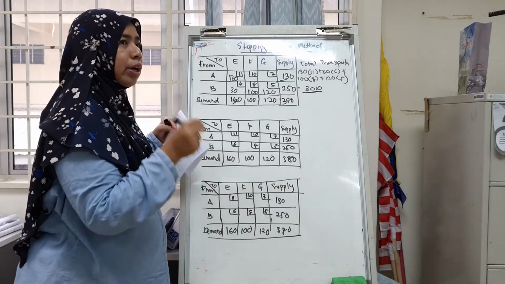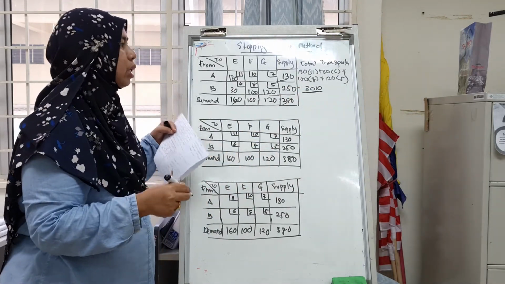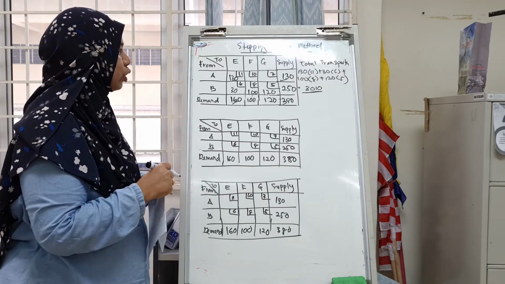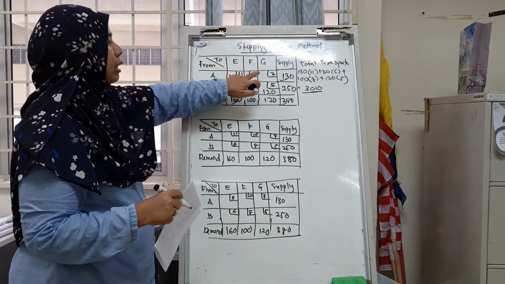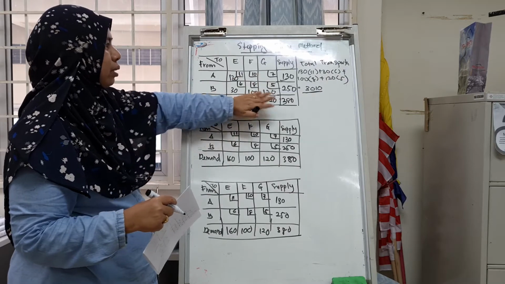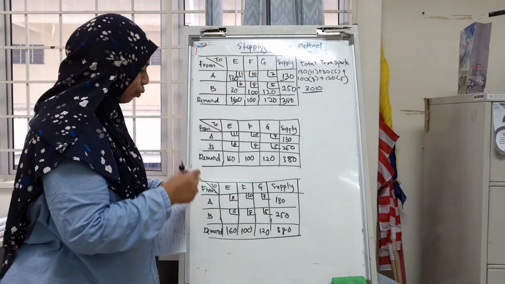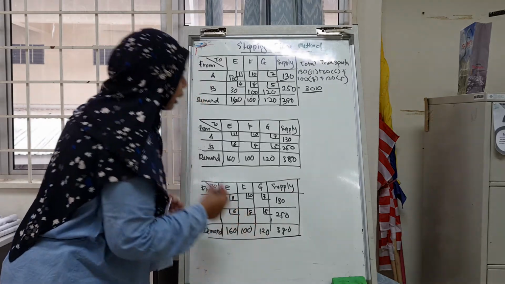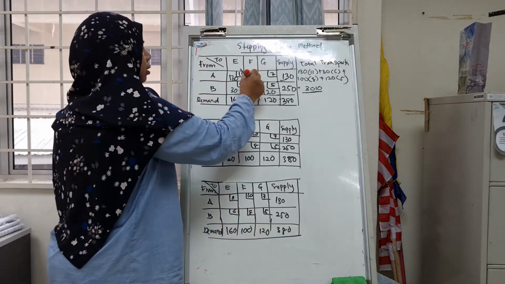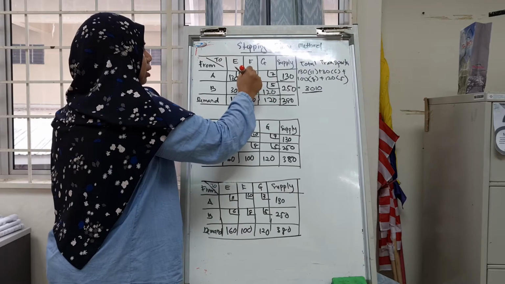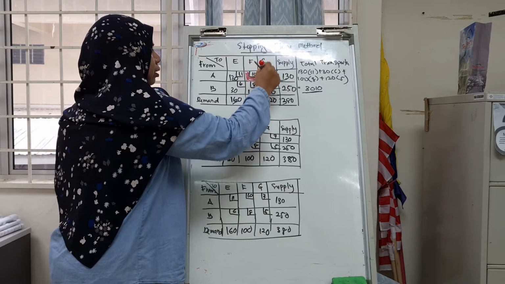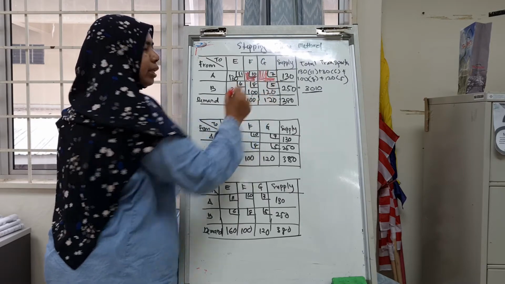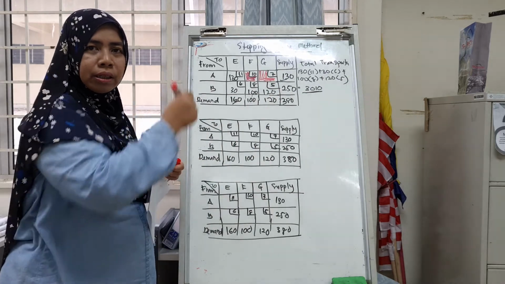Then you have to do the stepping stone method. So how to do it? From the northwest corner solution, you will find there are two cells that don't have any number there.